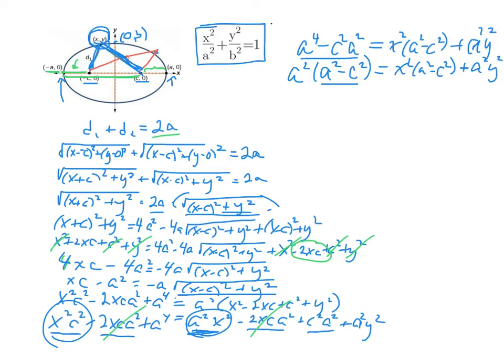Now I'm going to claim, and I'll go back and do it in just a minute, and where we get that claim from, but I'm going to claim that a squared minus c squared is equal to b squared.